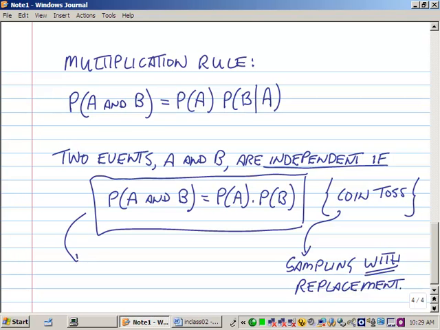Or another way of saying this is that if two events A and B are independent, the probability of B is also equal to the probability of B given A. The probability of a head on the second toss is equal to the probability of a head on the second toss given a tail on the first toss. It doesn't matter, all right? So the condition is meaningless. Therefore, we can drop the condition.